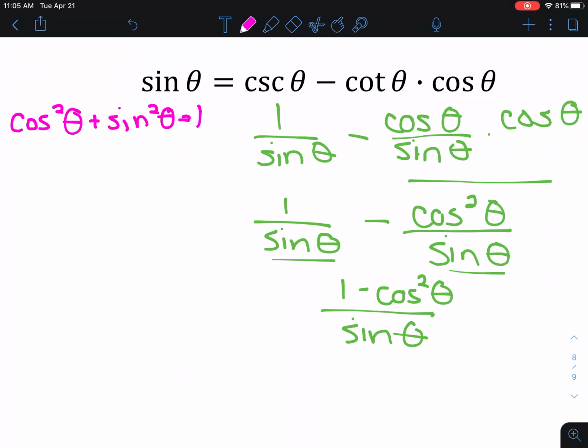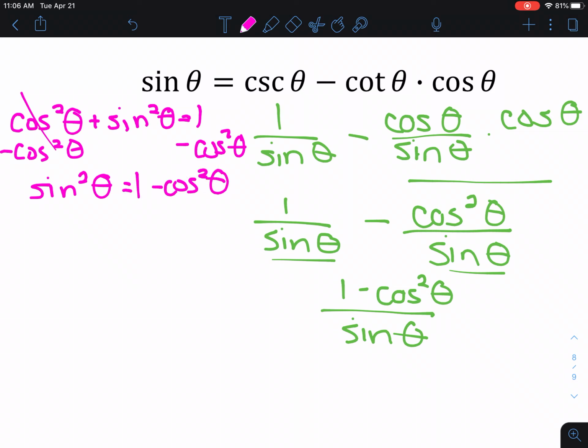If I subtract cosine squared theta from both sides, I end up with sine squared theta is equal to 1 minus cosine squared theta.